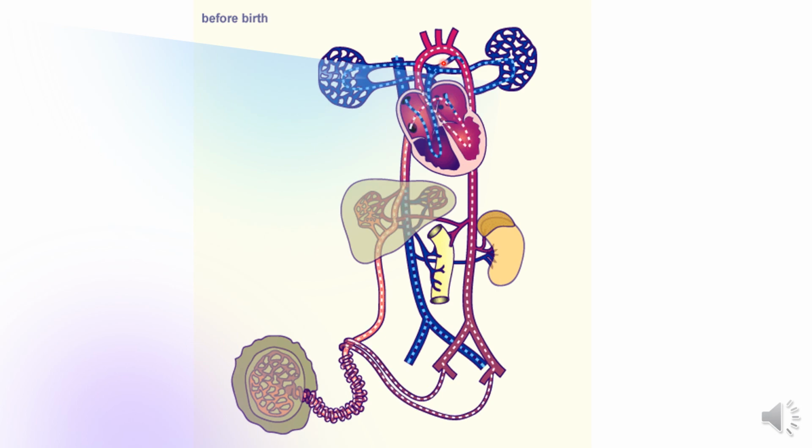ductus arteriosus. The left atrium will also receive blood from the lung, and together with the blood from the right atrium it will flow to the left ventricle and eventually to the aorta and descending aorta.